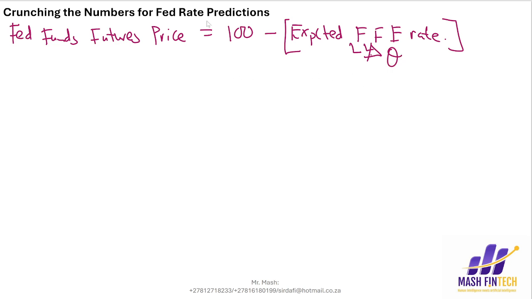And if we take theta to the other side, the effective federal funds rate is going to be 100 minus the federal funds futures price. That's how we get the expected effective Fed funds rate.